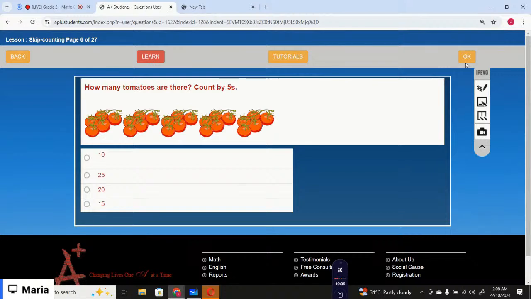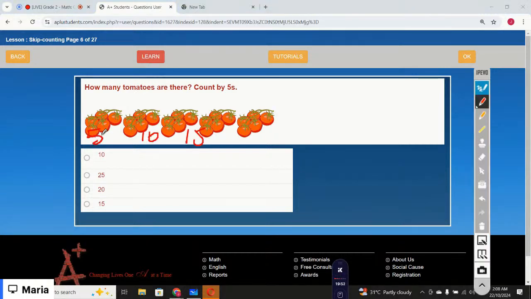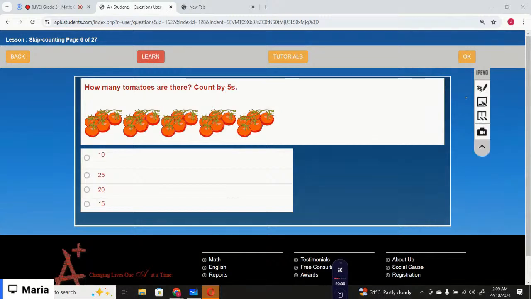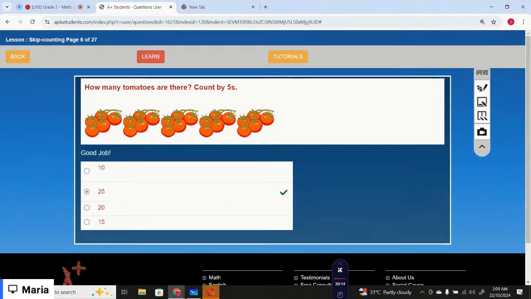Count by fives. So, which is the correct option? They are 5. You have to skip count by 5, right? 5, 10, 15, 20, and 25. So, the correct option is 25. Option number 2 is the correct option. Got it?